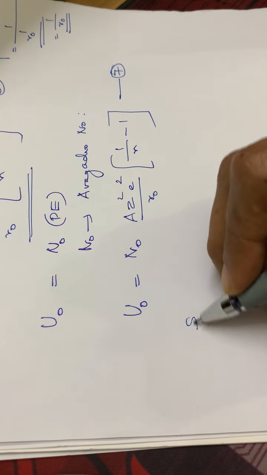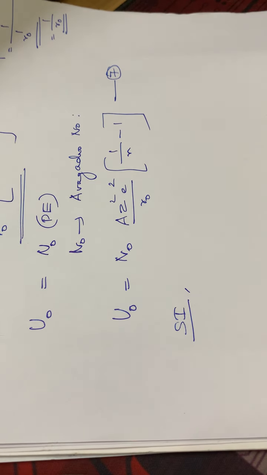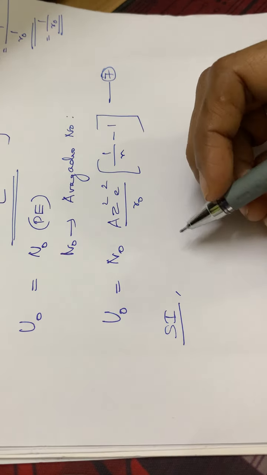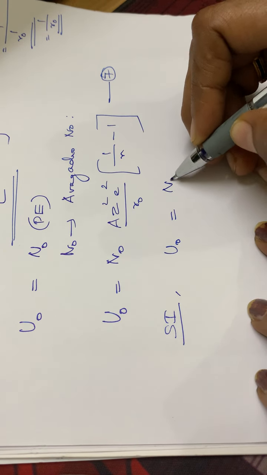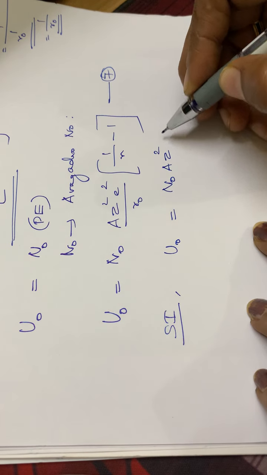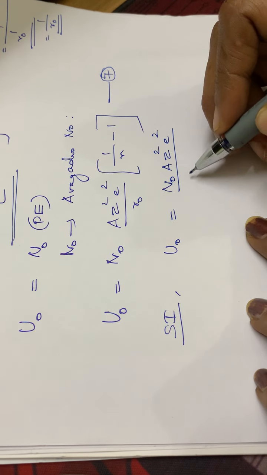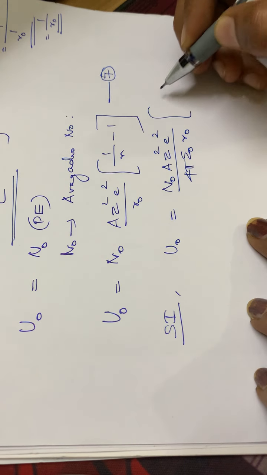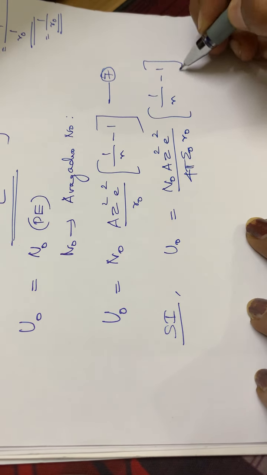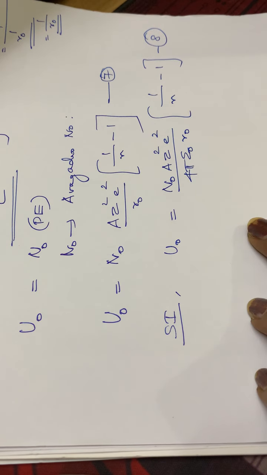And also in SI units, this equation will be changed like this, that is U0 is equal to N0 into A into Z square into E square divided by 4 pi epsilon 0 into R0 into 1 by N minus 1. Okay. So this is equation number 8.